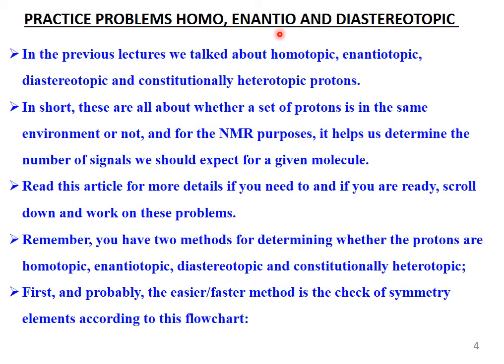In the previous lectures we talked about homotopic, enantiotopic, diastereotopic and constitutionally heterotopic protons. We have discussed a lot about the types of protons, stereoprotons, which are present in the structures: which is homotopic, which is enantiotopic, which is diastereotopic, and which is constitutionally heterotopic.